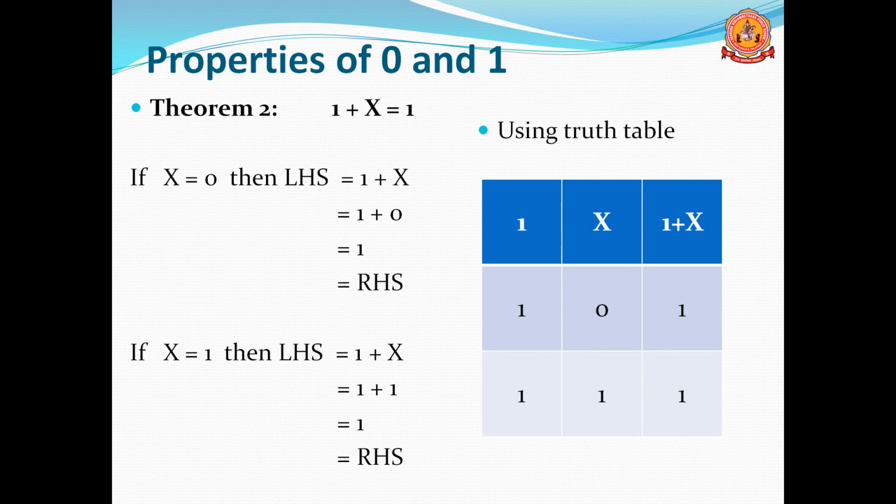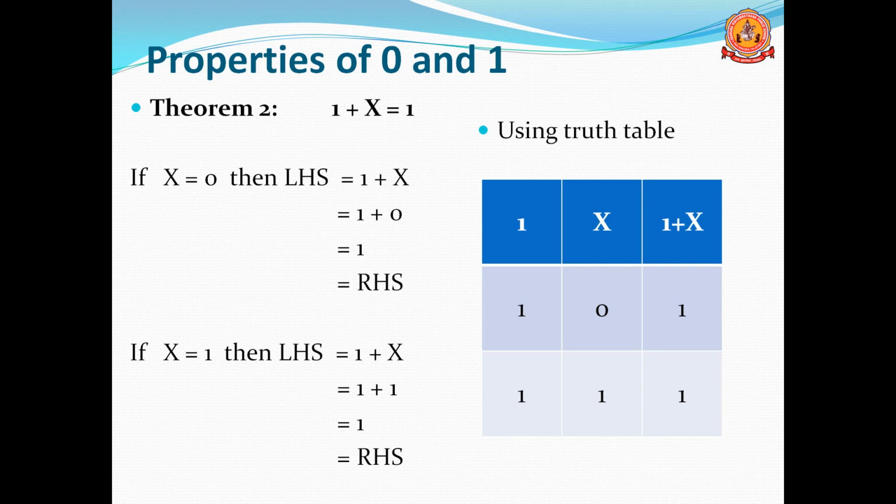The next one is if x is equal to 1, then the left hand side LHS is 1 plus x. The x value is 1, so it is 1 plus 1, which gives 1. So you can see output is 1, equal to the right hand side.